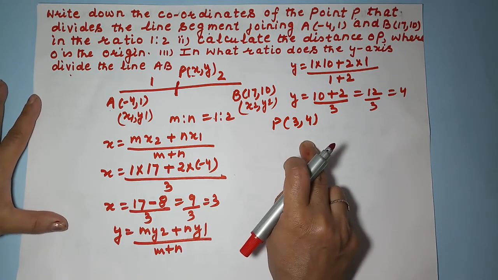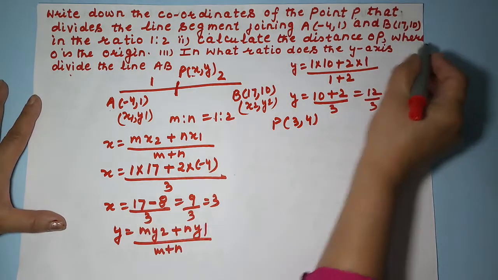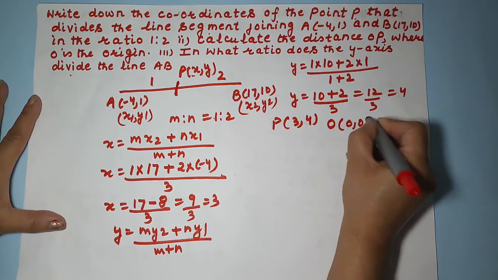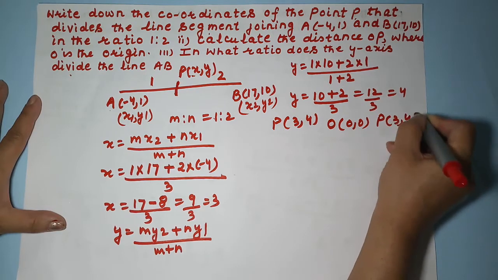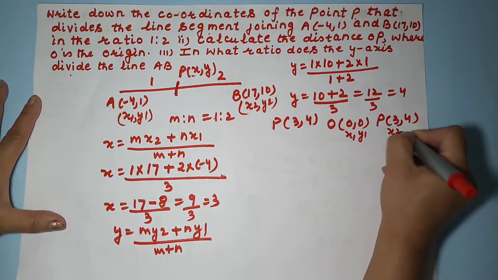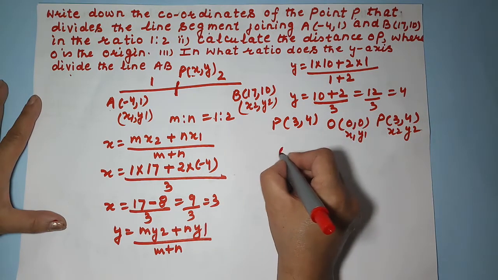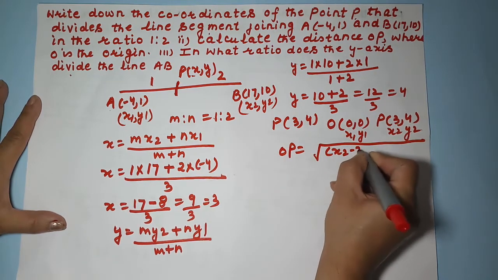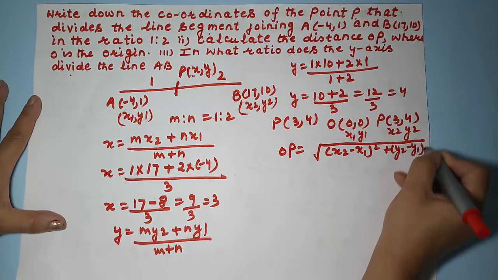Now he wants me to calculate the distance OP, where O is the origin. So the coordinates of origin are 0 and 0. And the coordinates of P, I have just found, 3 and 4. And how do I find the distance OP? Using the distance formula. I have done that in class 9. So distance OP will be under root of x2 minus x1 whole square plus y2 minus y1 whole square.